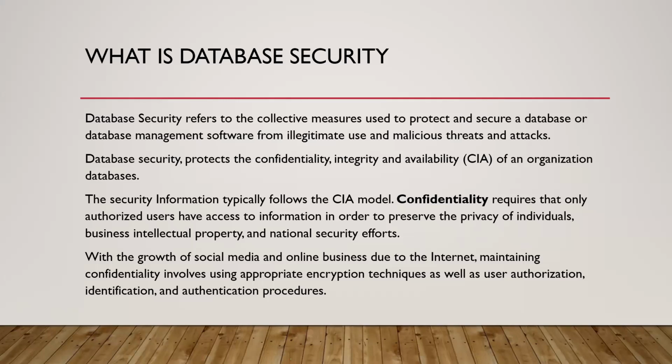Confidentiality requires that only authorized users have access to information in order to preserve the privacy of individuals, business intellectual properties, and national security efforts. I hope we are aware that national policies want organizational data to be very secured, accessed only by people who are authorized.